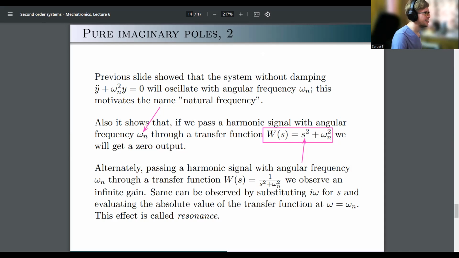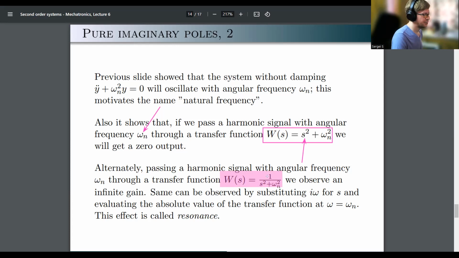But let us finally see what is extremely interesting in practice. And that is, if we pass a signal through this transfer function, which is a transfer function from the input to the output. So the typical input that drives us, like external torque, external current, or external voltage.